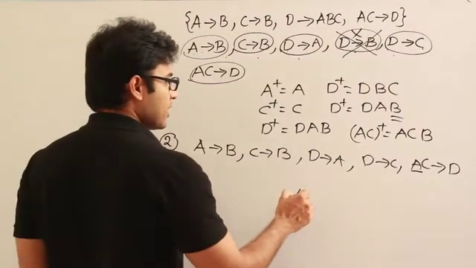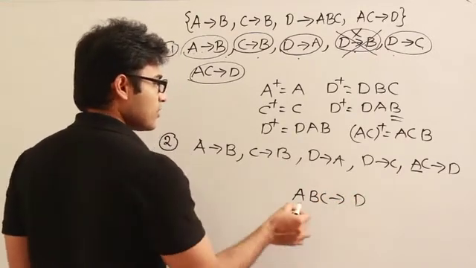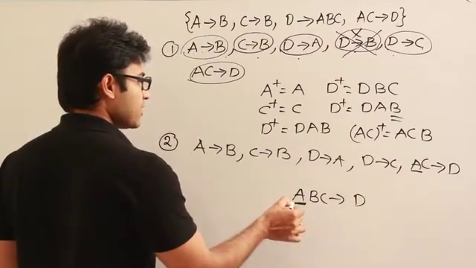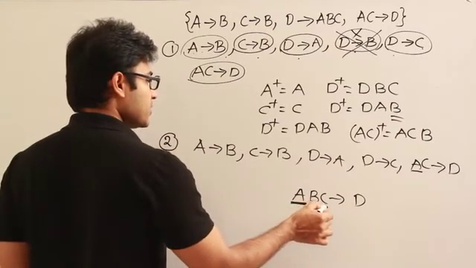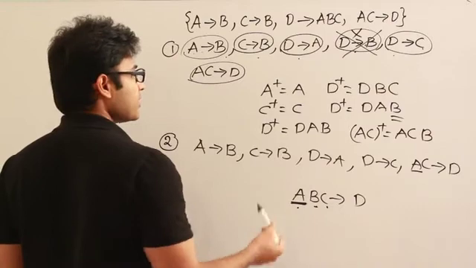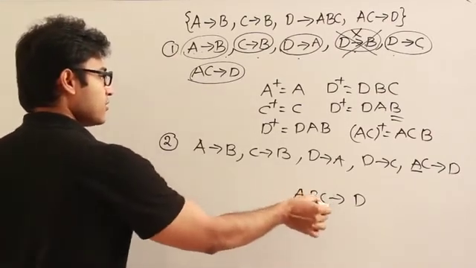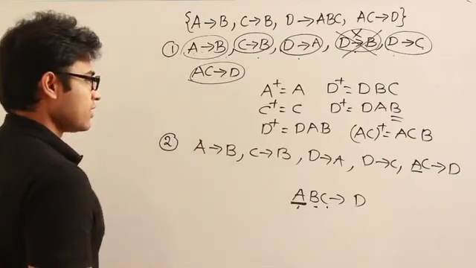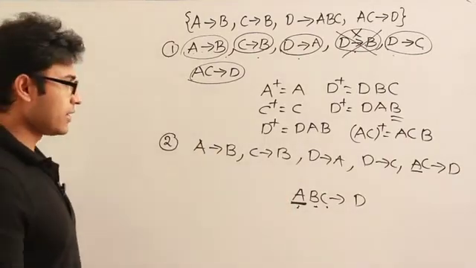So in general, if you have something like A, B, C determines D, then if you want to check if A can be deleted, then delete A and you find out BC plus. If BC plus contains A, you can delete A, right?